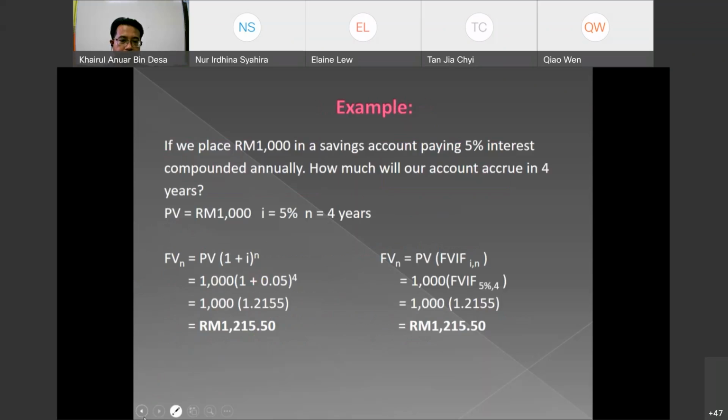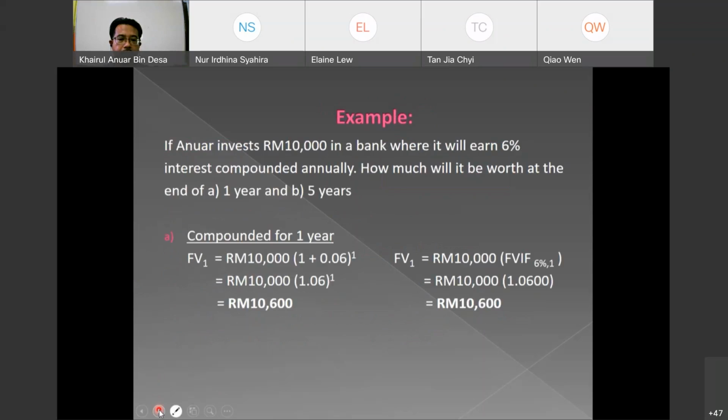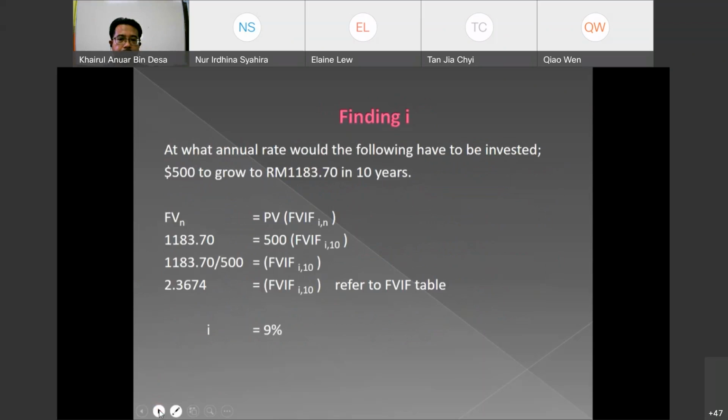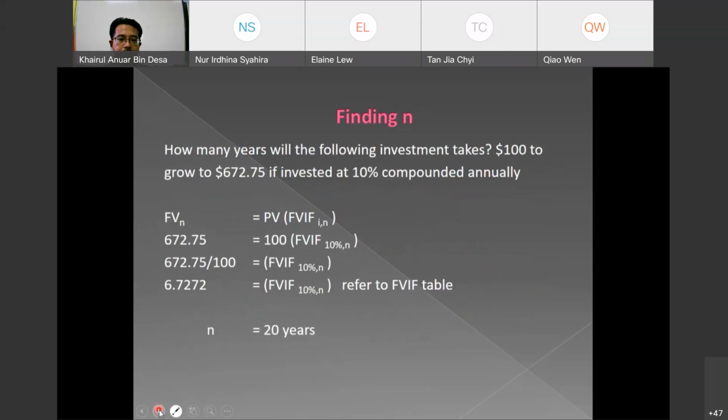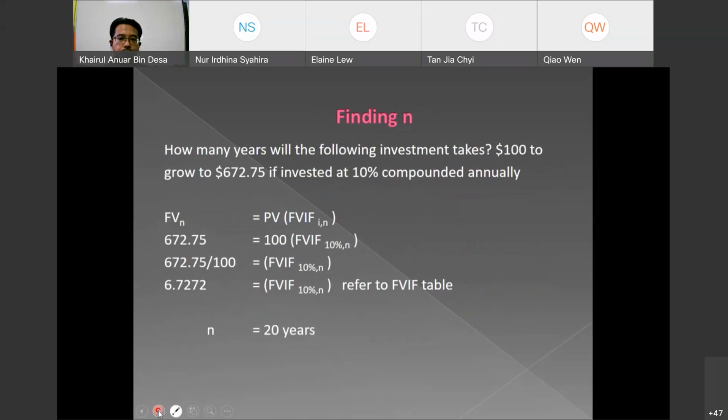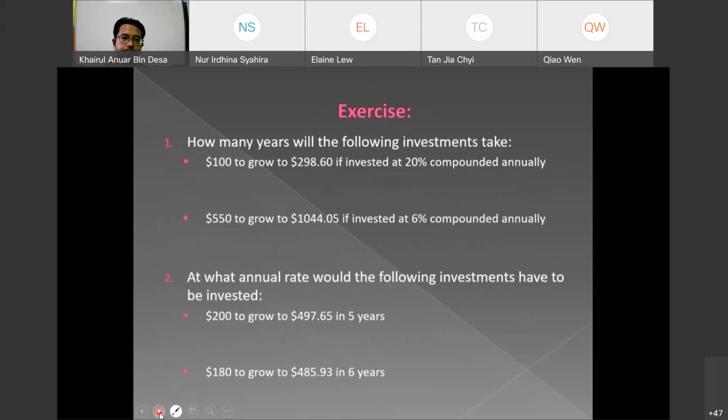This is an example we calculated last week, and these are the steps to find I and also to find N using the table. Have we gone through this exercise or not yet? All right.